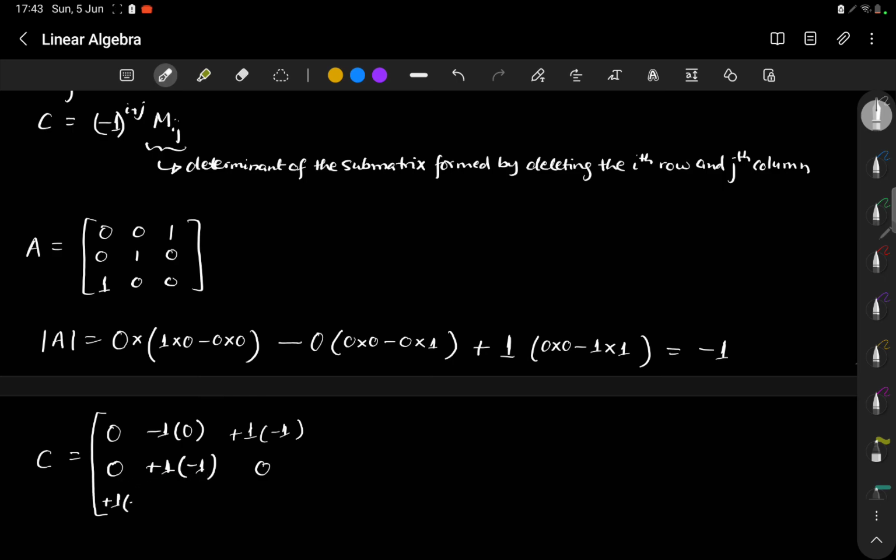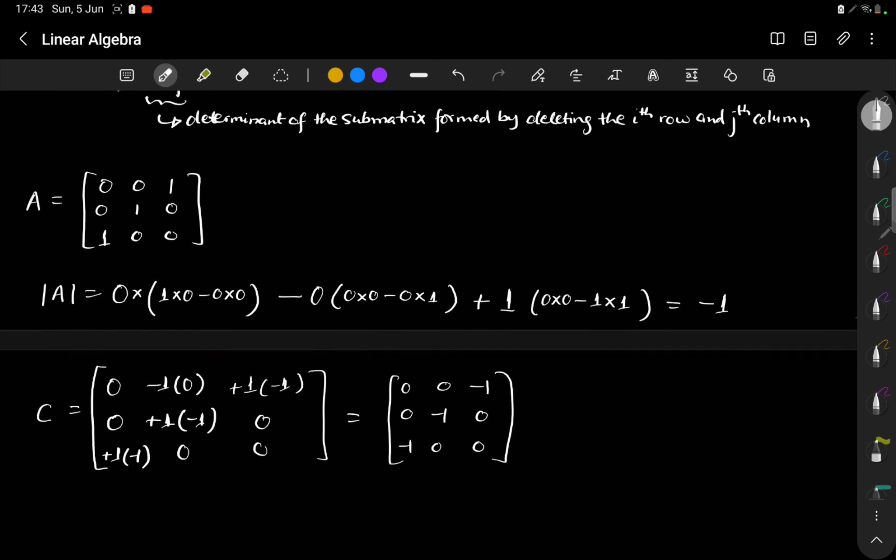Then again a determinant of -1, and so on. So let me rewrite this. This is the cofactor matrix.